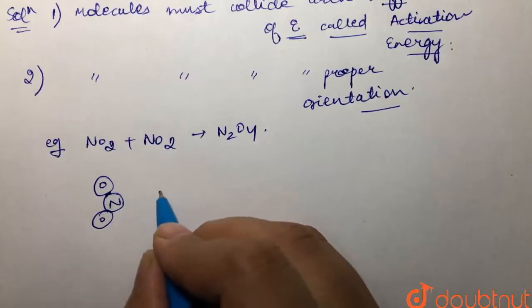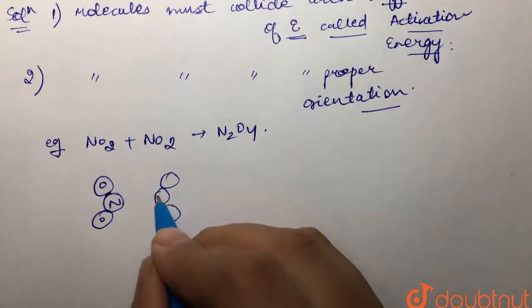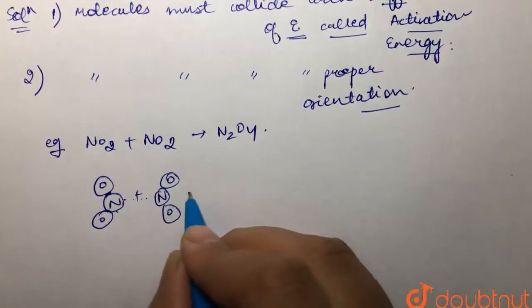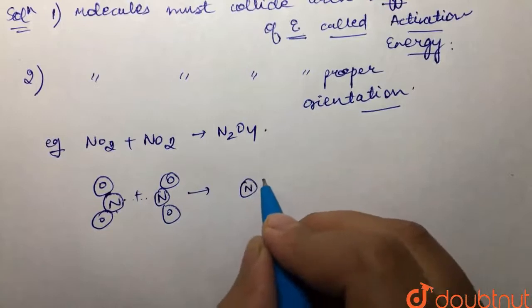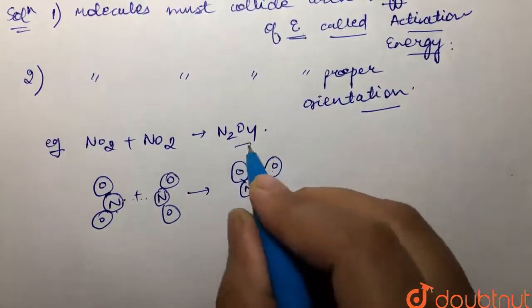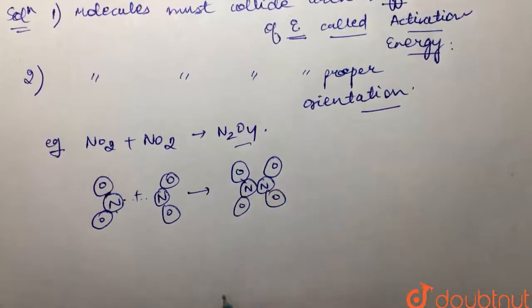Whenever the orientation of NO2 is like this and they collide, they result in a product and form N2O4 like this.